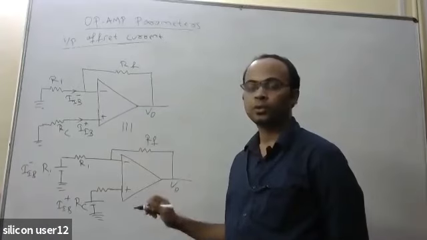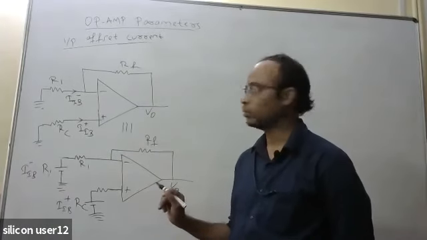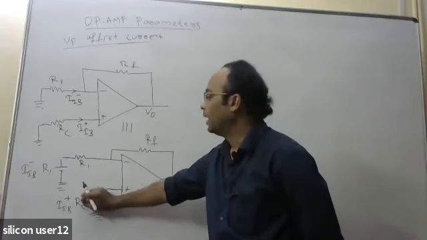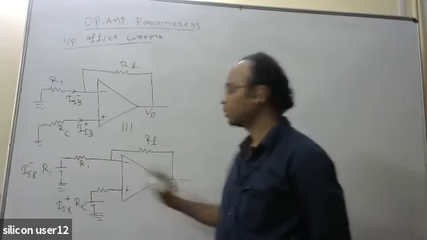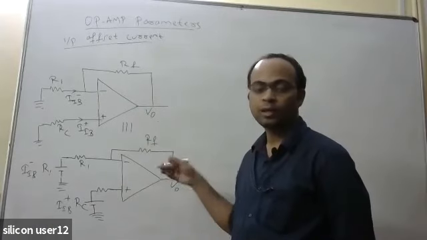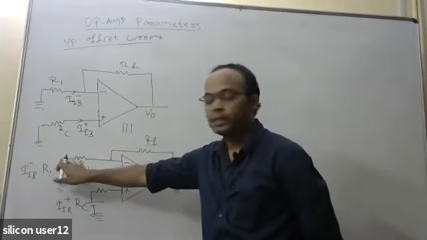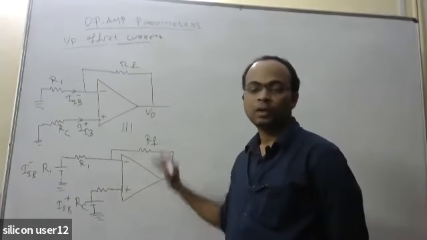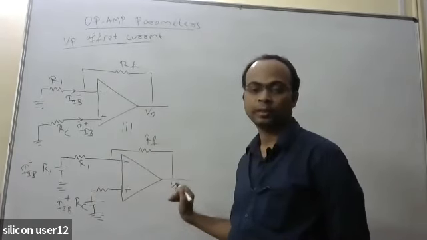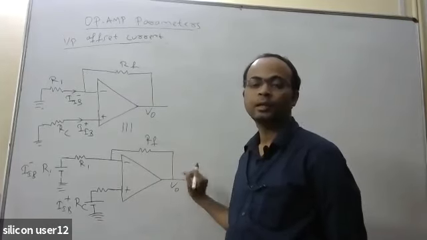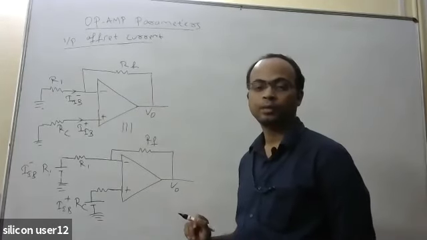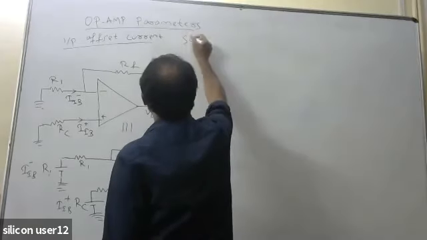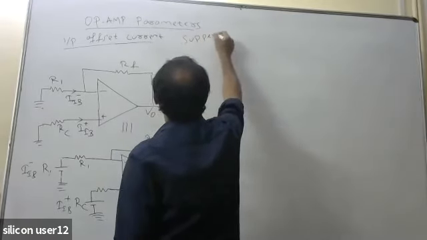First I assume this one is 0 and find how much voltage appears here due to this voltage source. Next I assume the other one is 0 and find the output voltage due to this source. I'll calculate the two cases and add them, and that will be my final output voltage V0. So I am now applying the superposition theorem.